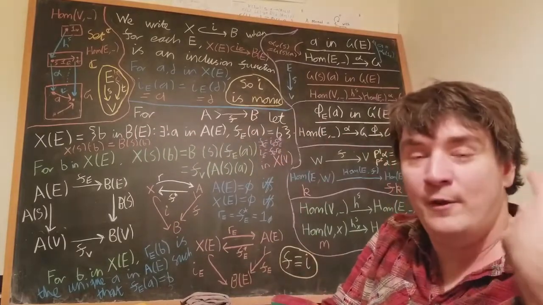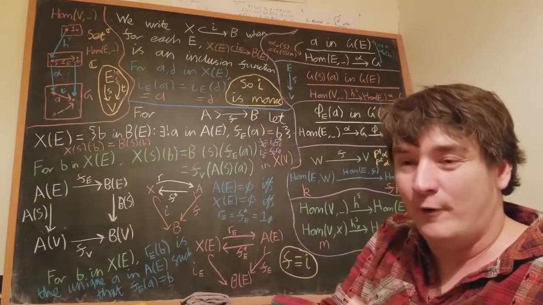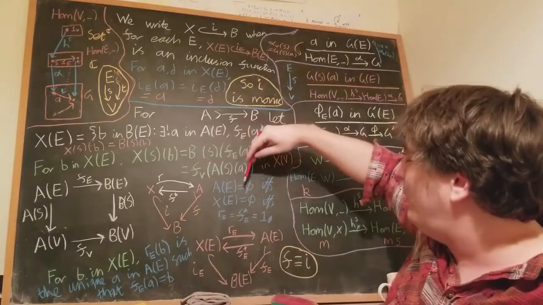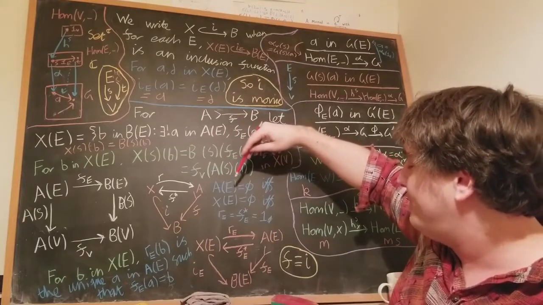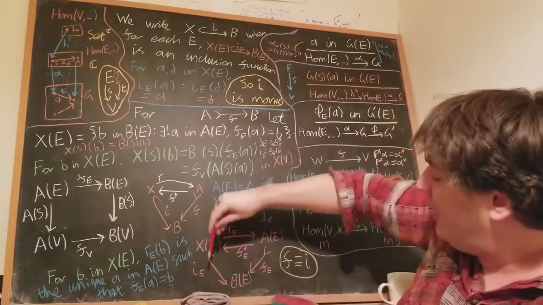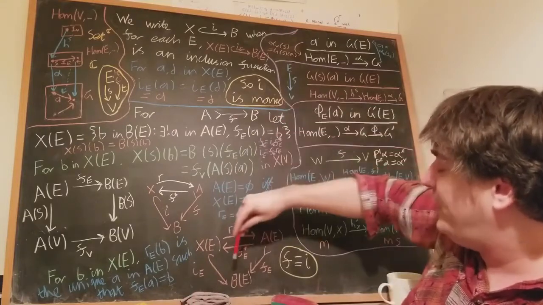Now let's deal with the other case, which is the more important, more interesting one, where these are not empty sets. We want these equations to hold for this kind of picture.